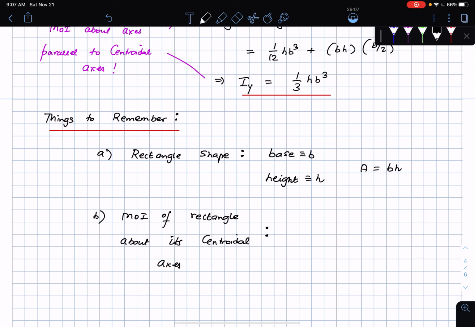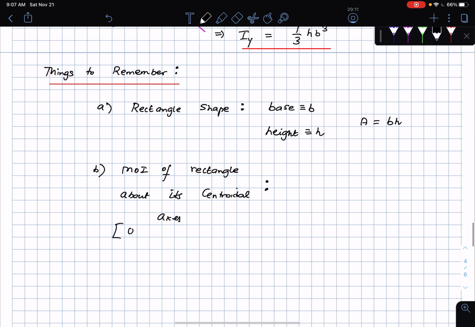We just derived it from integration. This is something that you'll remember as Ix bar is equal to 1/12 bh cube and Iy bar is equal to 1/12 hb cube.